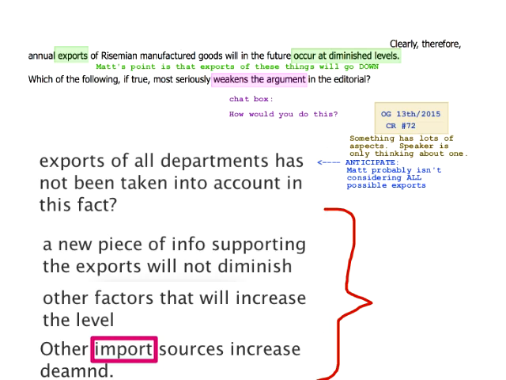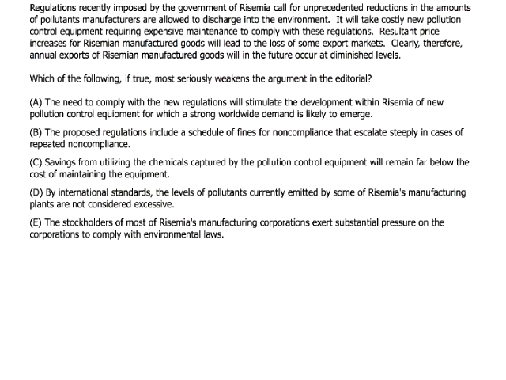Let's assume that you mean export there. Because that's the logic, right? So anticipate some other source of exports will increase in magnitude. Now, about your answer choices?